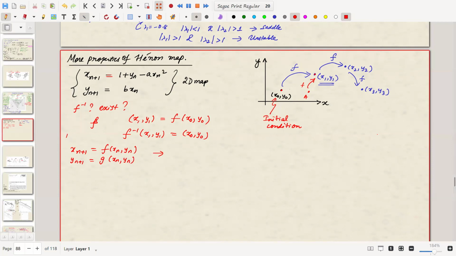This is the map F, capital F. Now I want F inverse. What is F inverse? You have to write x_n and y_n in terms of x_{n+1} and y_{n+1}. Can you write it? That's my question. What do you think?